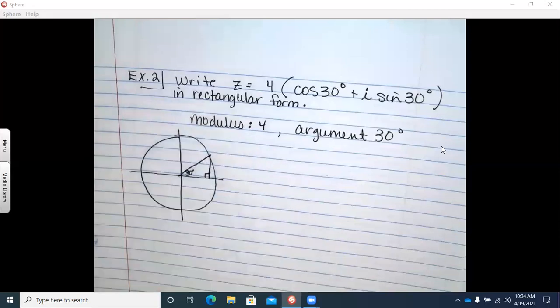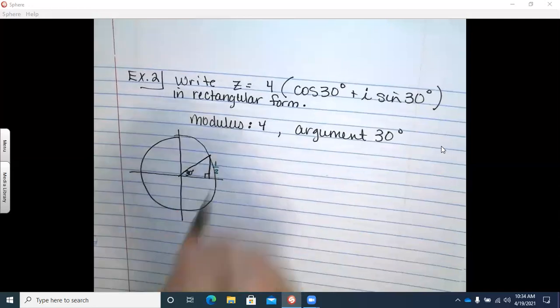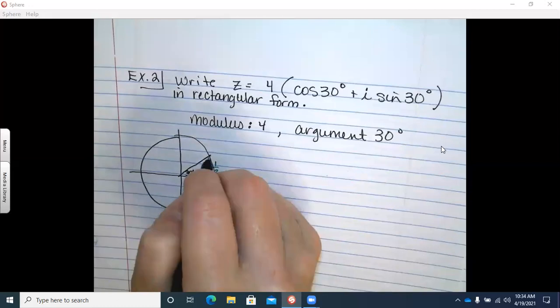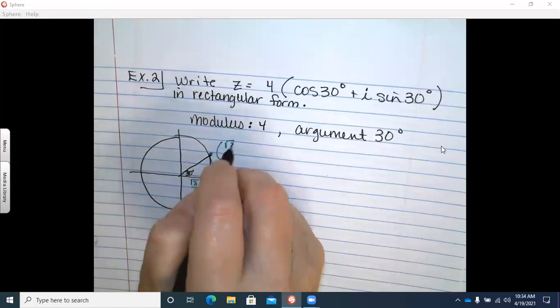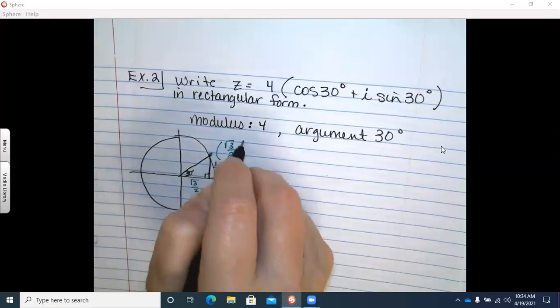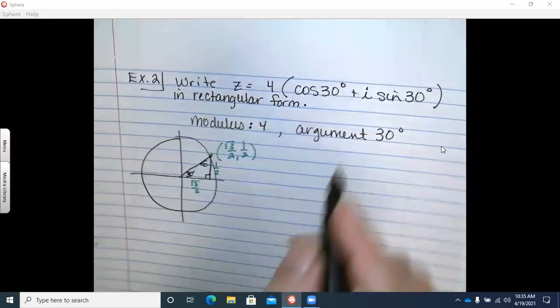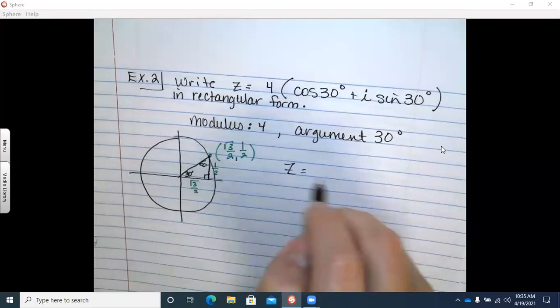We know the leg across from the 30-degree angle is 1/2. The leg across from the 60-degree angle is square root of 3/2. So the cosine is square root of 3/2, and the sine is 1/2. Easy. So I'm going to rewrite it as it was given to me.